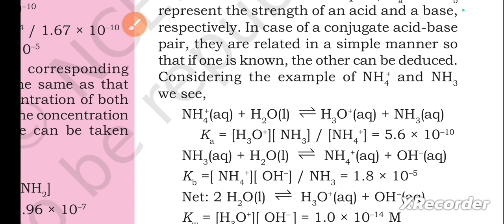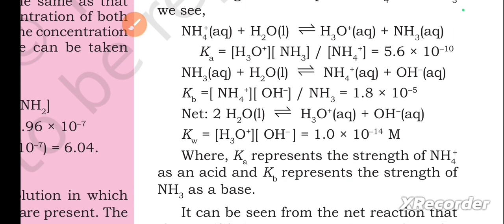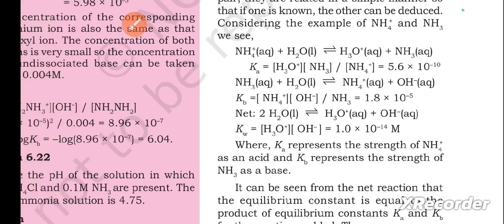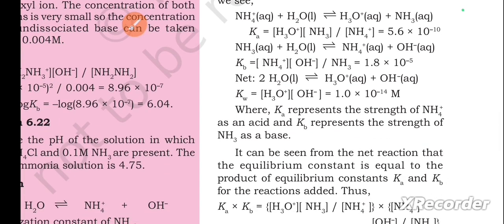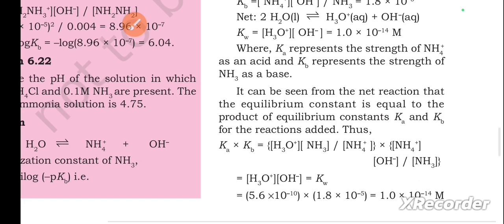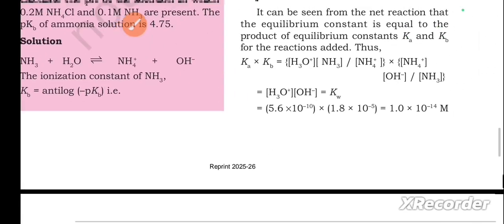Considering the example of NH4+ and NH3, we see the following equations, where Ka represents the strength of NH4+ as an acid and Kb represents the strength of NH3 as a base. It can be seen from the net reaction that the equilibrium constant is equal to the product of equilibrium constants Ka and Kb for the reactions added. Thus, we have the following equations.